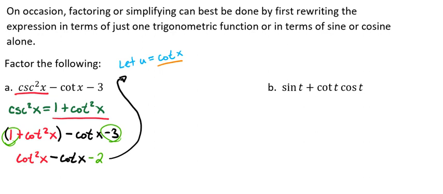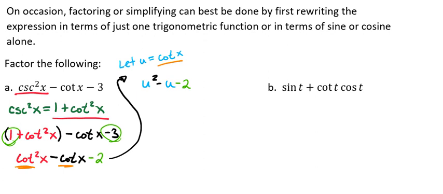Now we let u equal that cotangent, replacing it here and here. So I'm going to have u squared minus u minus 2.